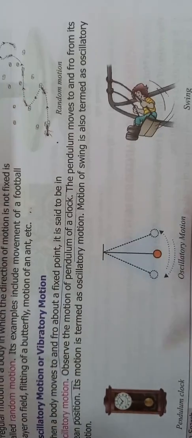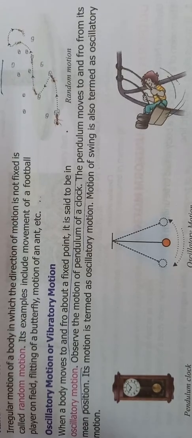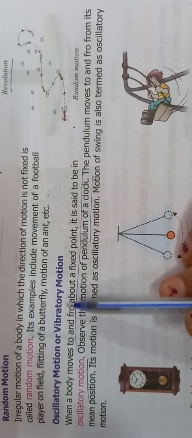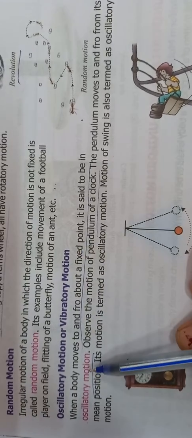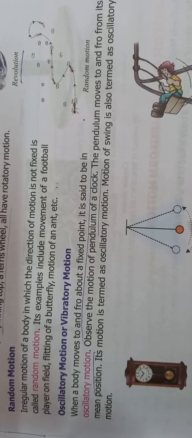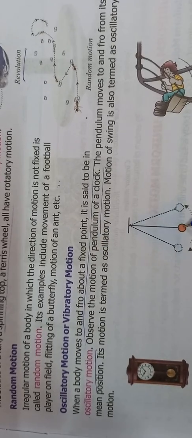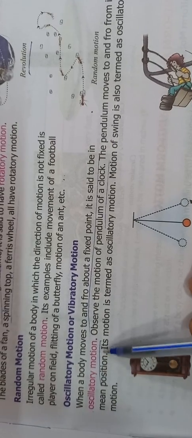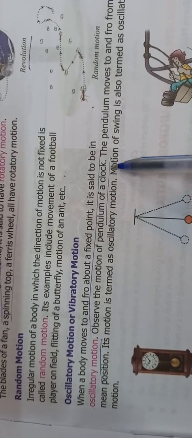Then oscillatory motion, like a pendulum clock, oscillatory motion, a swing. So oscillatory motion or vibratory motion, when a body moves to and fro at a fixed point, it is said to be oscillatory motion. Observe the motion of a pendulum.